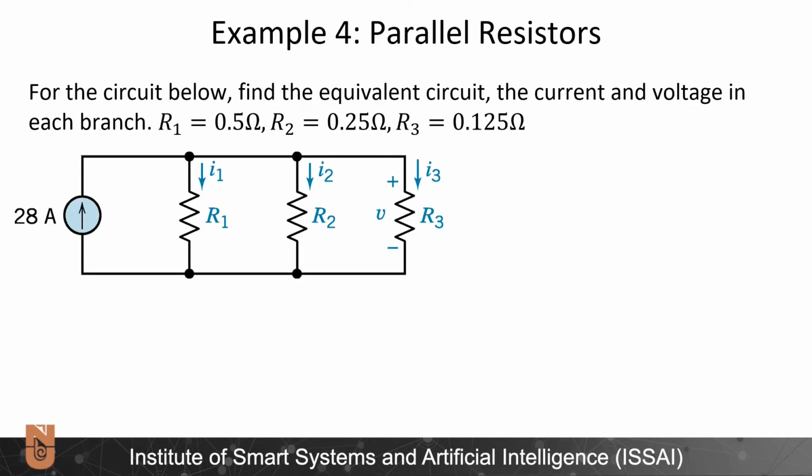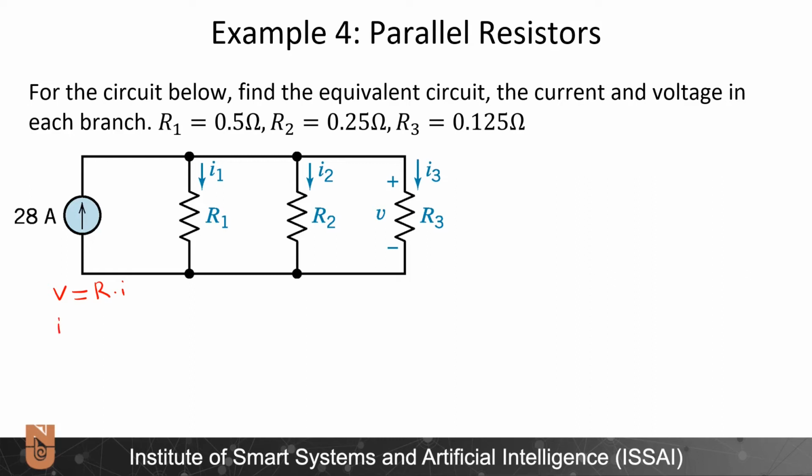For the circuit below, we need to find the equivalent circuit, the current and voltage in each branch. Let's look at this circuit. We have 3 parallel resistances, and in this case, it might be worthwhile to use the conductance. Let's remember this concept. V is equal to R times I is Ohm's law.